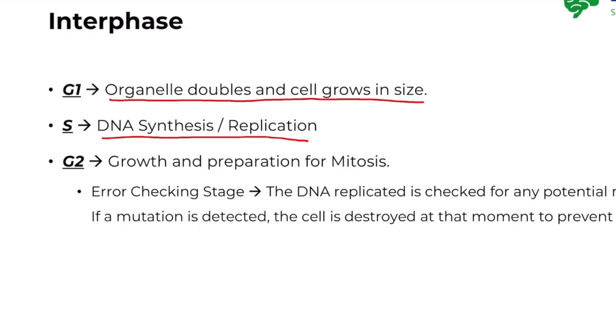All those organelles will need to double, and the cell itself, in order to hold those organelles, will need to grow in size. And that's how we know that the cell is ready for mitosis to occur. So the organelles will double, the cell will grow in size, and the DNA will replicate.